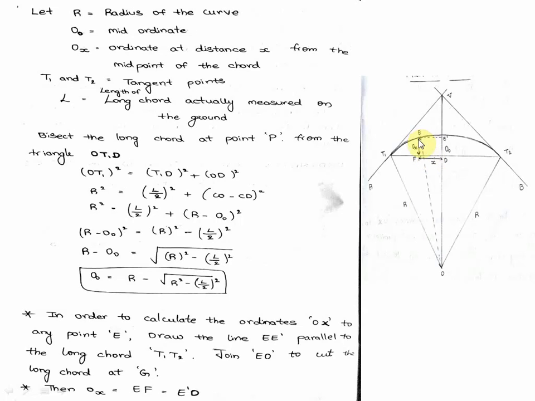Next join EO to cut the long chord at G. Here Ox is nothing but EF, which is equal to E dash D.